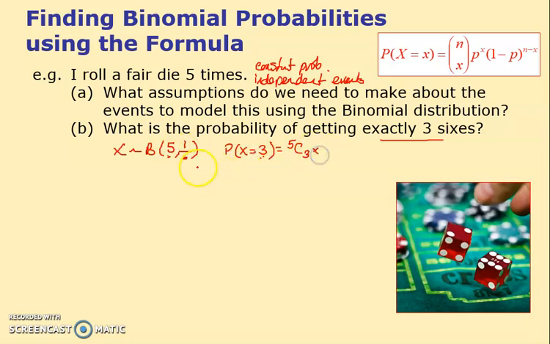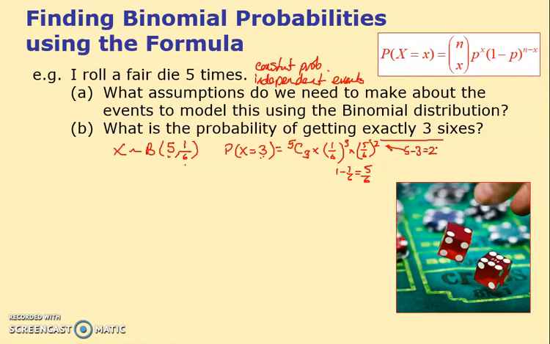And I then times it by the probability, which is a 6th, to the power of that 3. But then I have to times it by 1 minus a 6th. And if you do 1 minus a 6th on your calculator, it will come up as 5 6ths. It's not really that surprising. Now this has to be power 2, because this is the 5 take away the 3.